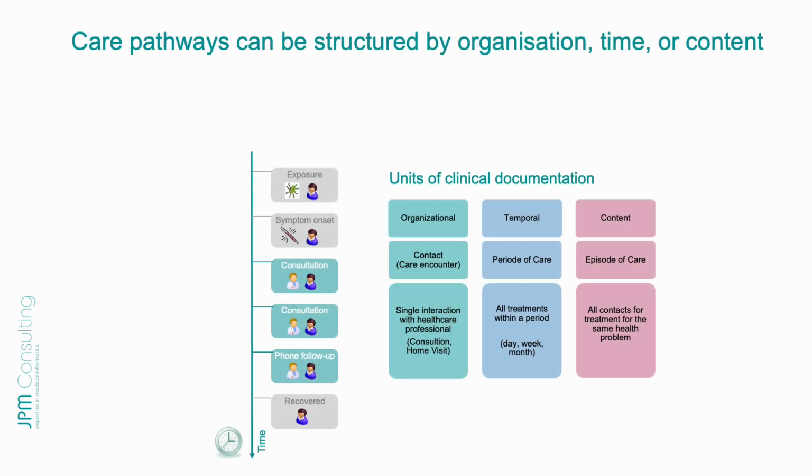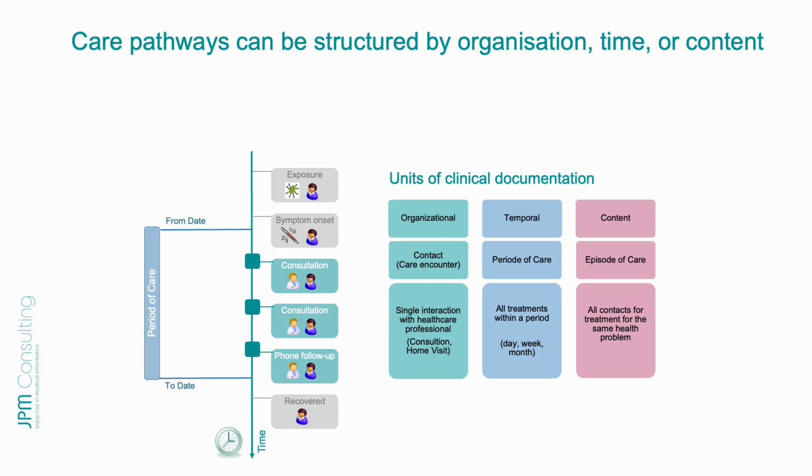Let's summarize what we have covered so far. Care pathways can be structured by organization, time, or content. First, the organizational dimension. A contact or care encounter is a single interaction with a healthcare professional, for example, a consultation or a home visit.